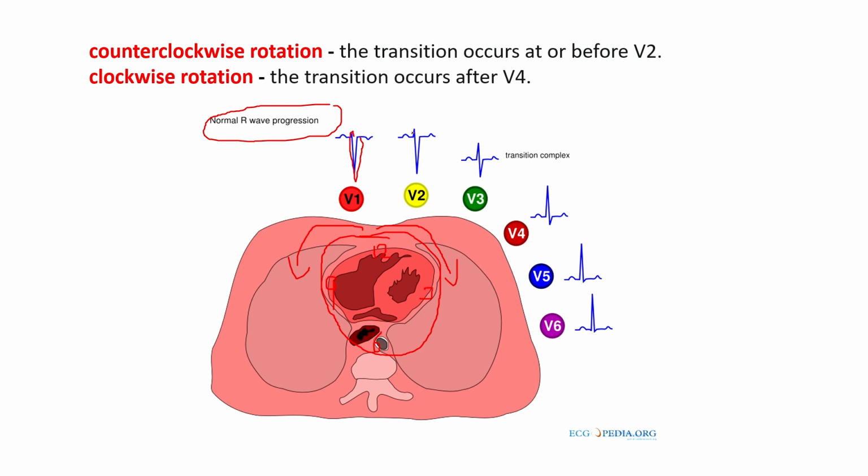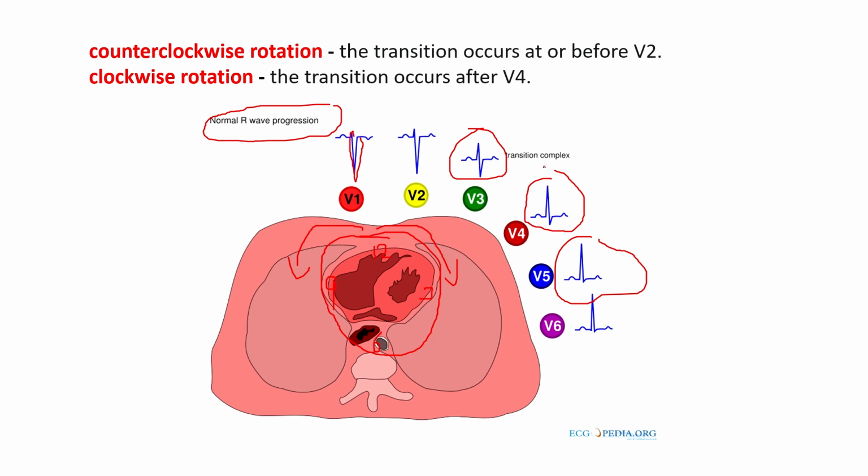But in V2, the R wave is a bit larger. In V3, it is almost equal to the S wave. In V4, it has overcome the S wave. And in V5, the R wave is the highest, even higher than V6. Remember that it's a normal rule and it's called normal R wave progression.